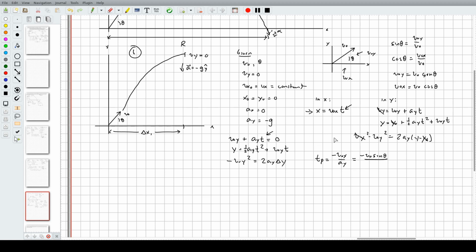Ay is minus g. So the time to the peak is v naught sine theta over g. Now, that said, the total time spent traveling is going to be double that. We know that because this is a symmetric problem.